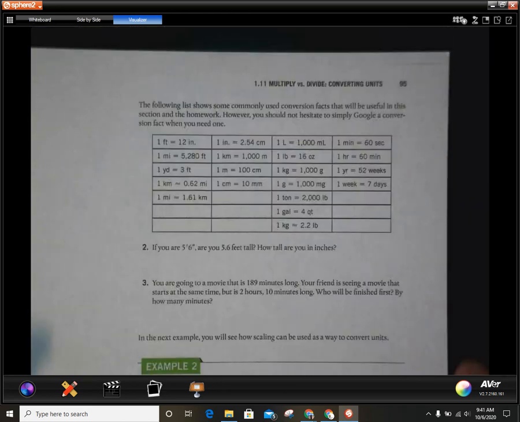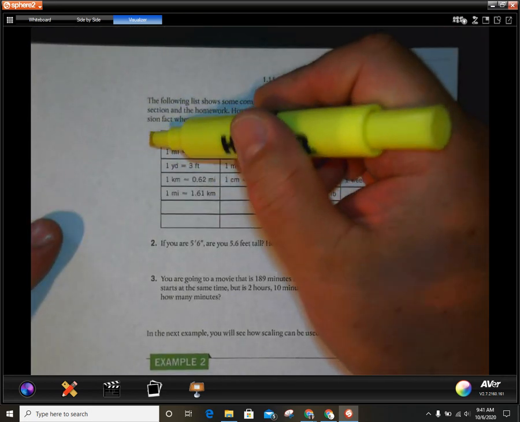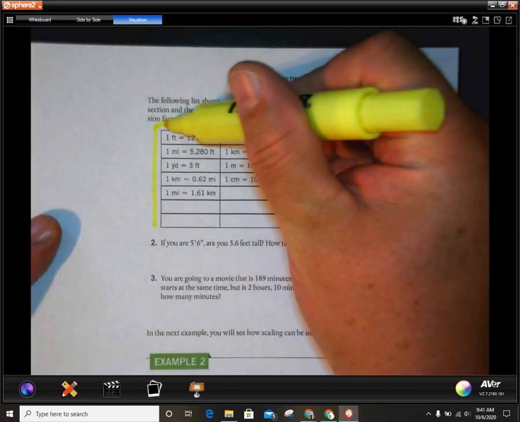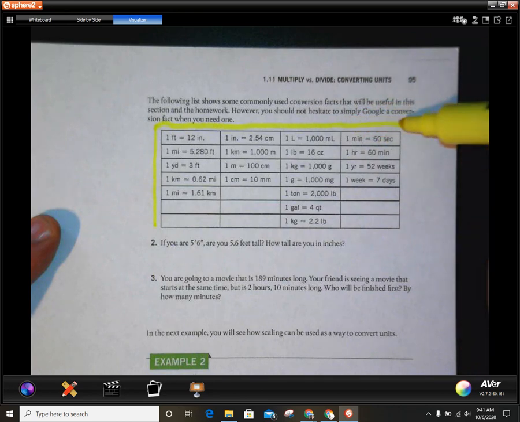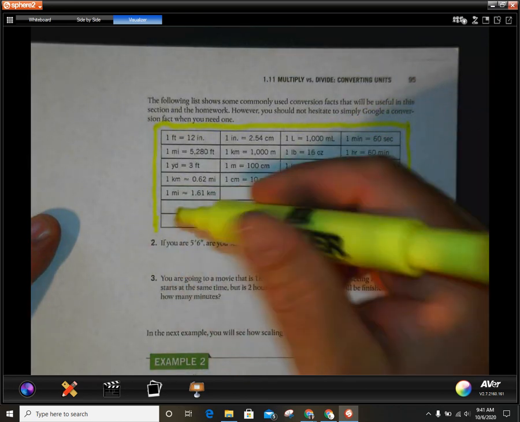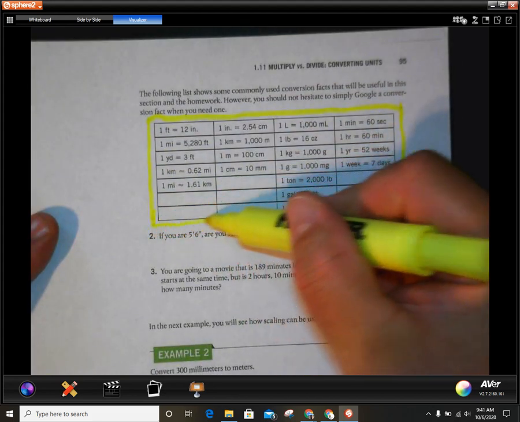Actually, I don't know why the U.S. doesn't use the metric units because it's so much easier. But we're going to refer to this chart a lot, as well as other conversions, like recipes where you go from tablespoons to cups to quarts to gallons. But this one is metric to standard. It's going to come in real handy.